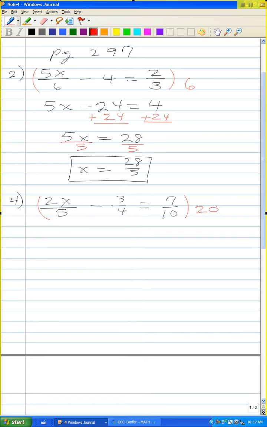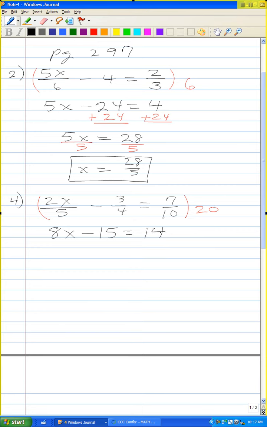Let me multiply both sides of my equation by 20. 20 divided by 5 is 4 times 2x is 8x. 20 divided by 4 is 5 times negative 3 is negative 15. 20 divided by 10 is 2 times 7 is 14.